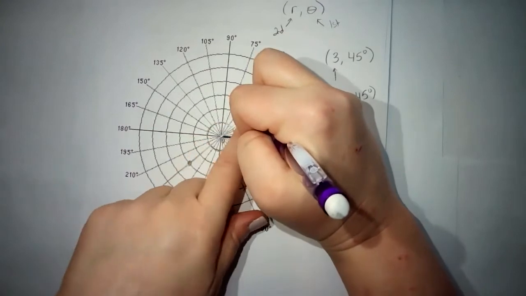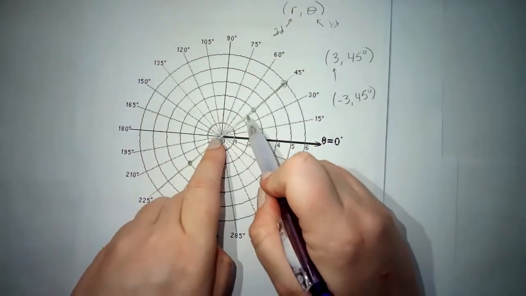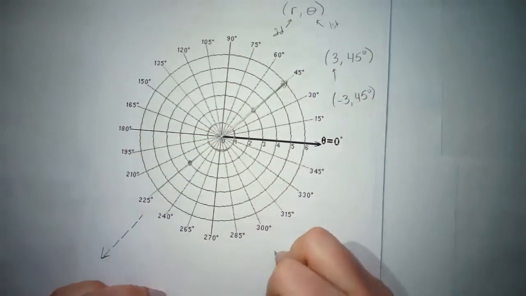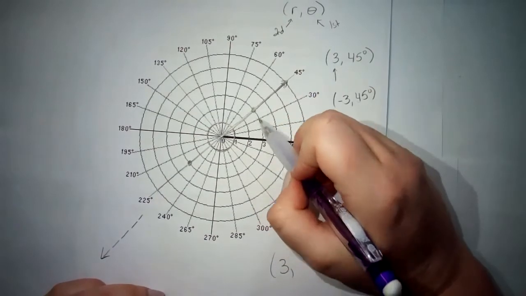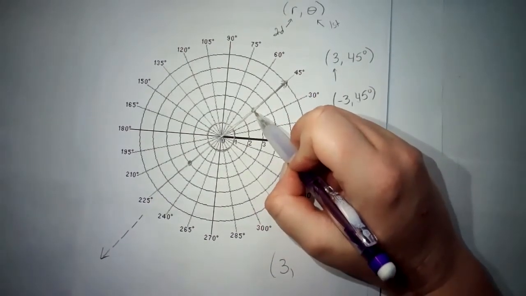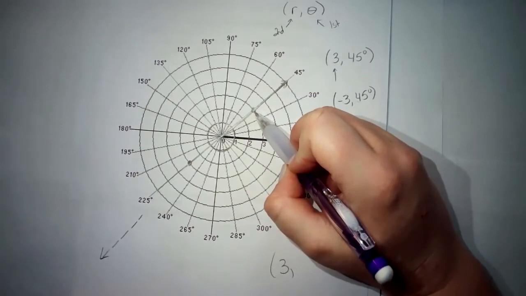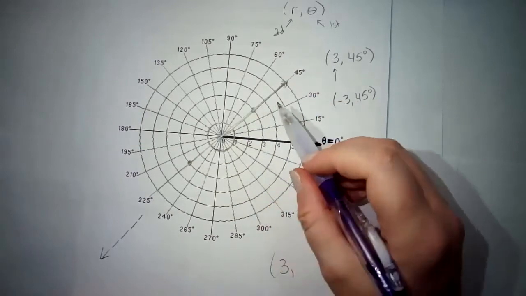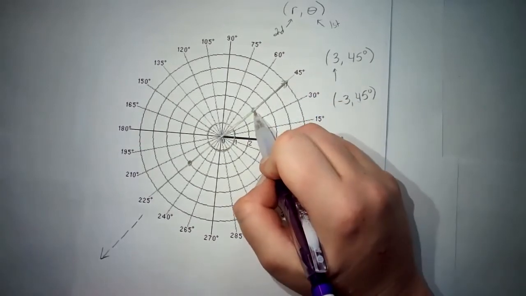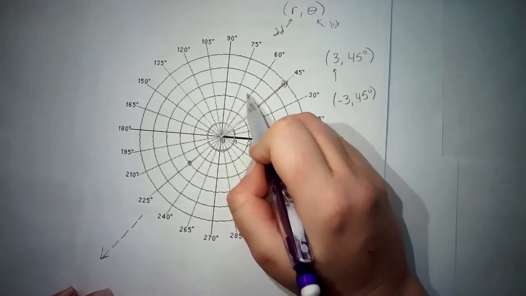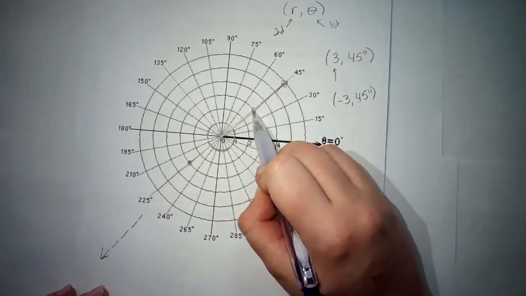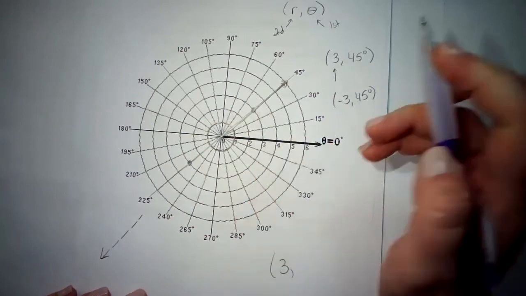If this is our point here, our r is 3. We know that. So this theta could be 45 degrees. What else could it be? Okay, so it could also be a whole other rotation, right? We could add 360 to that 45 degrees.